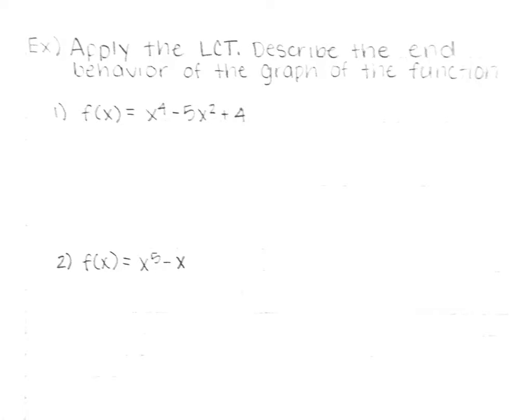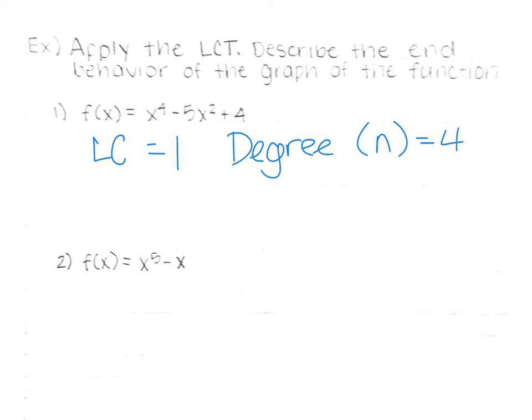All of the things that we've been doing recently help us to be able to graph this function more accurately without the use of some kind of graphing tool. So here we can see that my leading coefficient is 1, okay? And my degree, and this is where we used n, is 4, and 4 is even. So I'm looking at an even function with a leading coefficient that's greater than 0. So let's describe the end behavior of this.